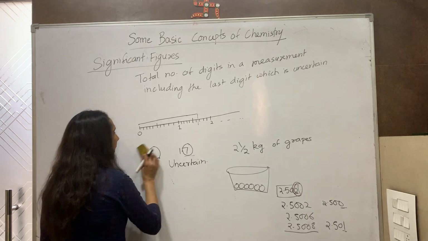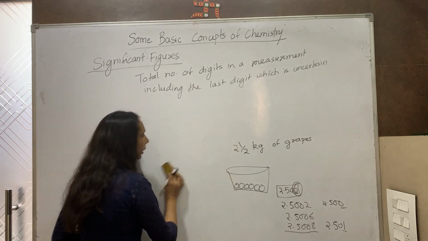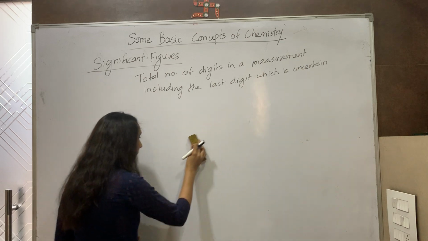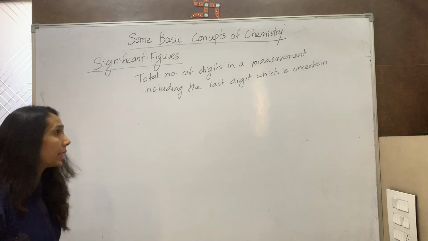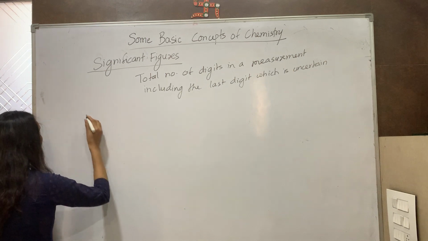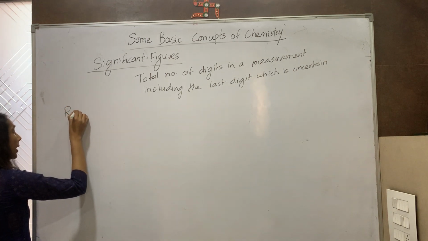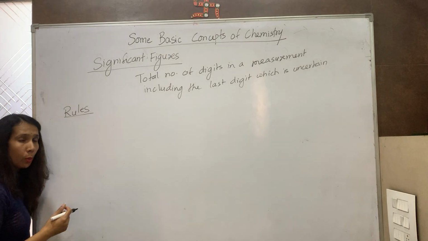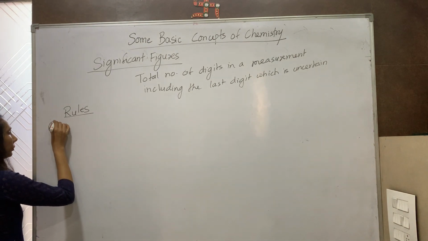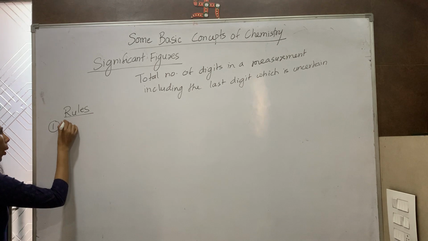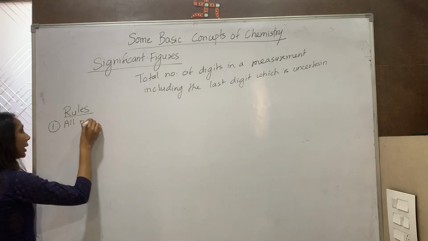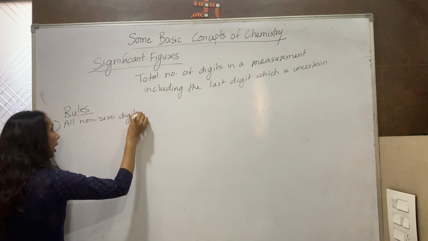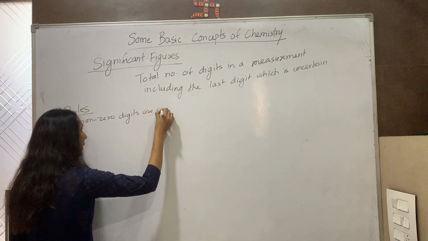Now, to find out the significant figures in a number, there are certain rules. Again, I am repeating, to find out the number of significant figures in a number, there are a set of rules. What are the rules? First, all non-zero digits are significant.